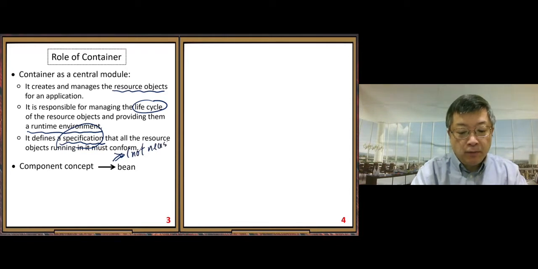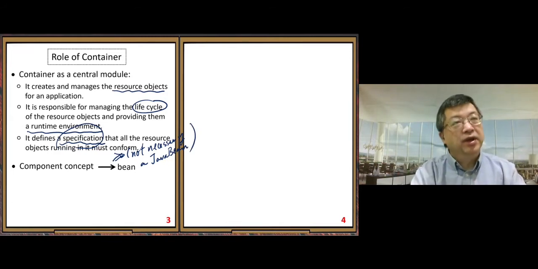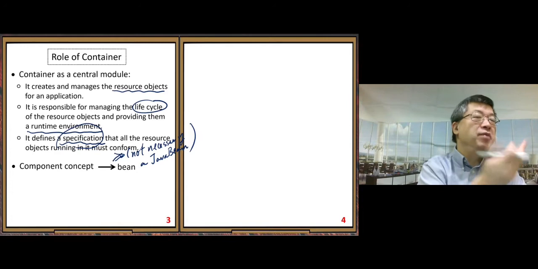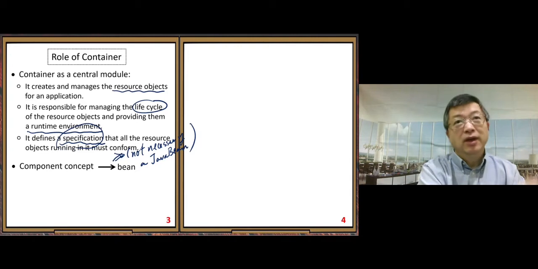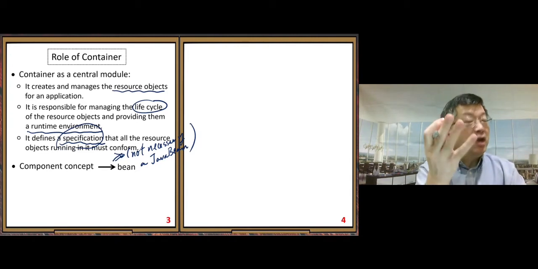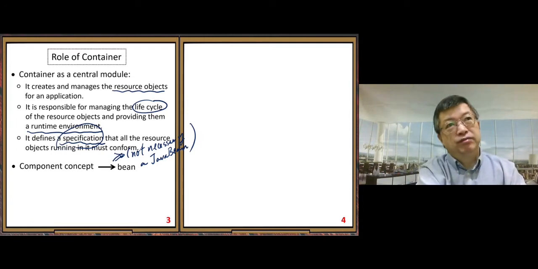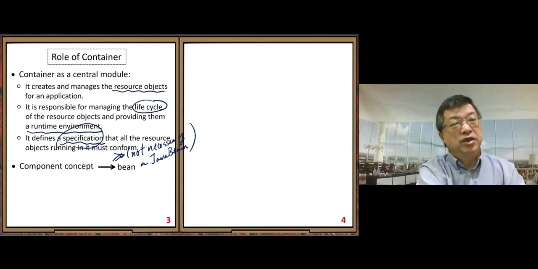When you see this Bean, it's not necessarily a Java Bean, okay? Some people may naturally connect it to a Java Bean, but not necessarily. A Java Bean can definitely be a component, but a non-Java Bean can also be a component. A Java Bean has to follow the Java Bean specification. A non-Java Bean is just a regular Java class that does not follow the Java Bean specification.